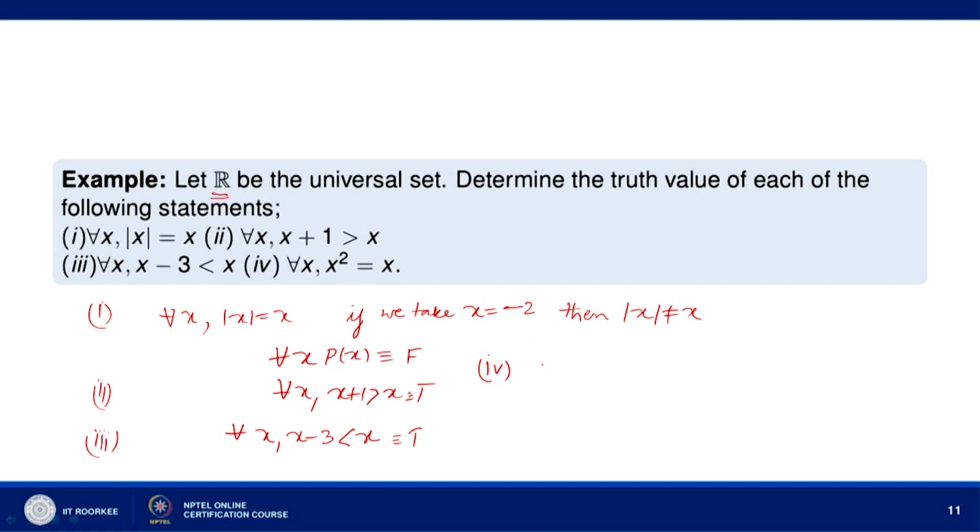Now, if we take x equal to minus 2, then x square equal to x is not satisfied, and therefore, the truth value is F.